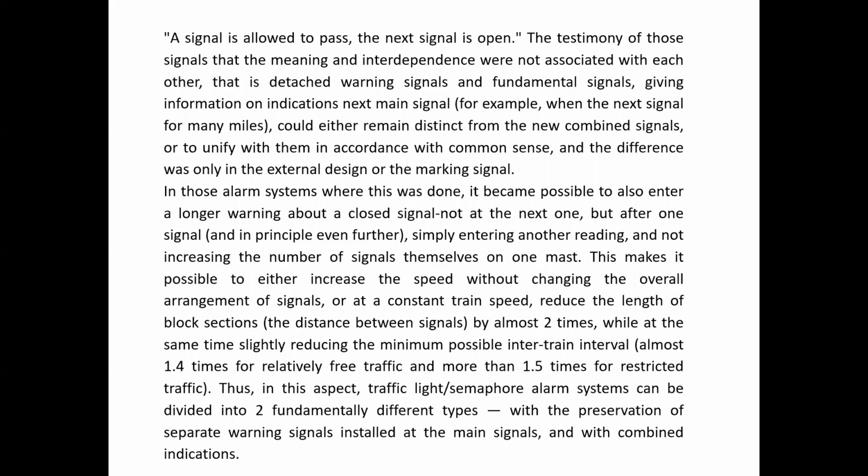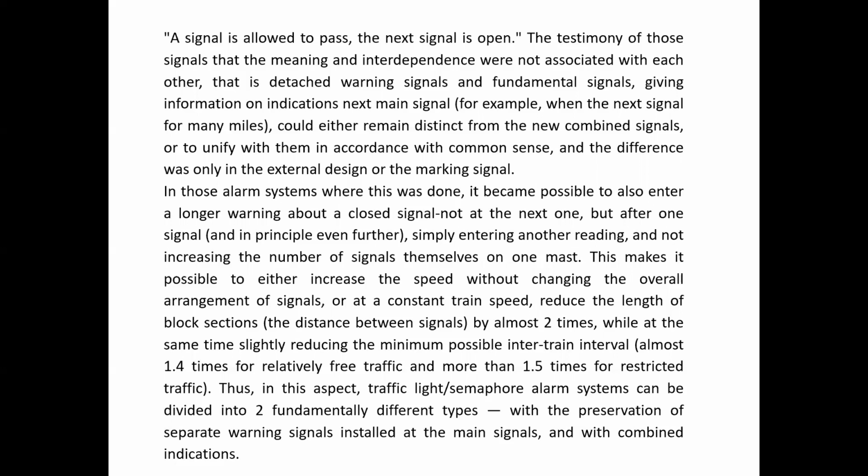The signal is allowed to pass, the next signal is open. The meanings of those signals and their interdependence were not associated with each other. That is, detached warning signals and fundamental signals giving information on the indication of the next main signal.